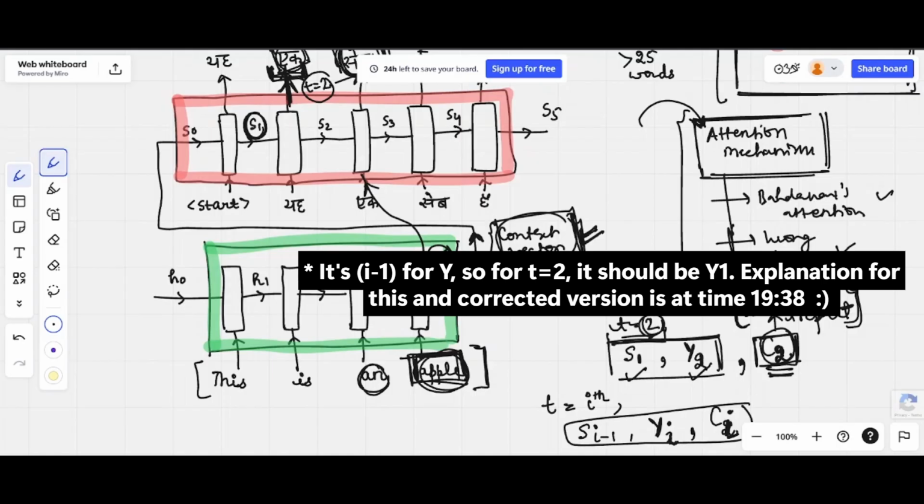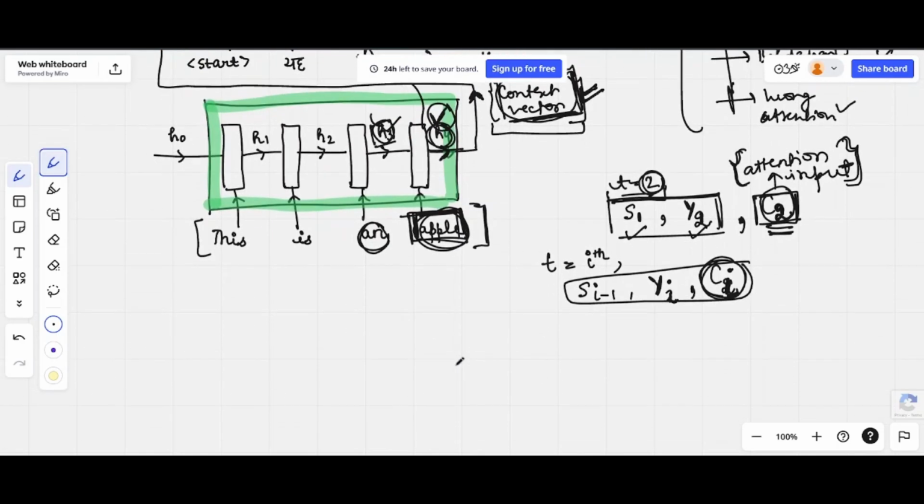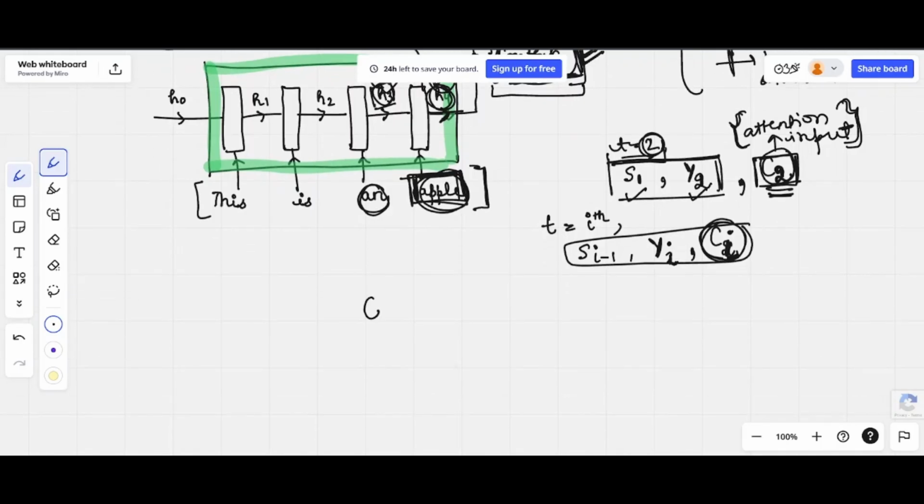Now the question is, what is this attention input? Let's figure it out. So this attention input is alpha i1 h1. Don't worry what this is, I will explain what these alphas are. Alpha i2 h2, alpha i3 h3 plus alpha i4 h4.